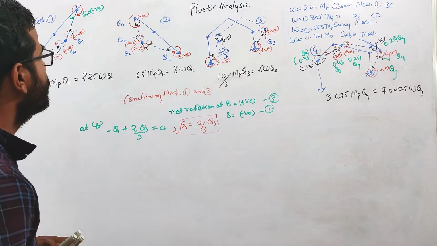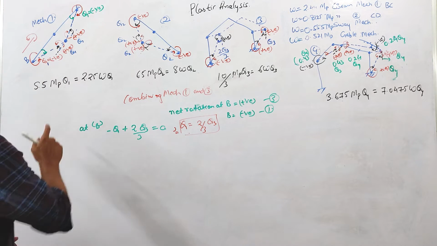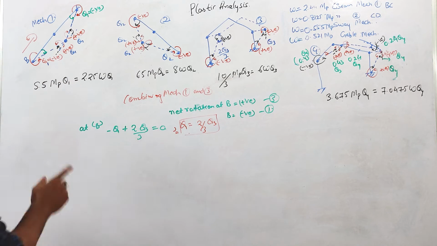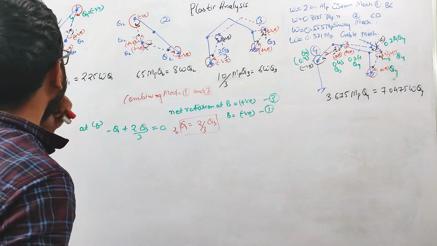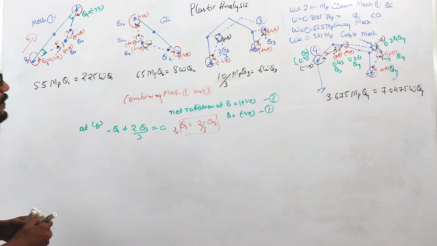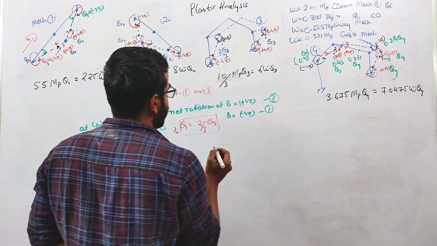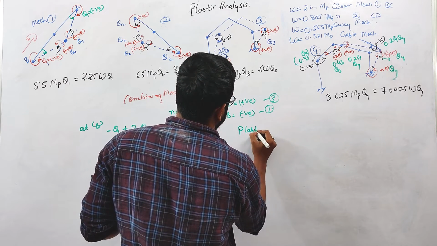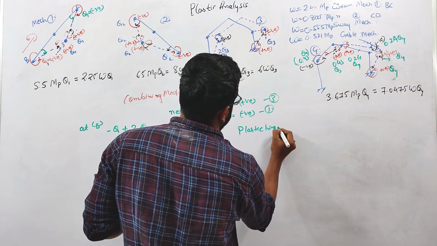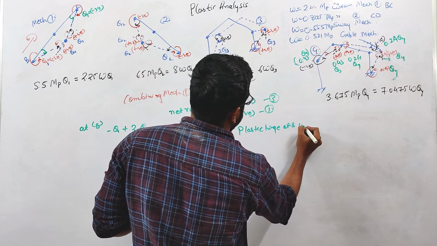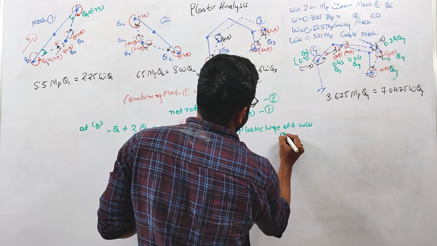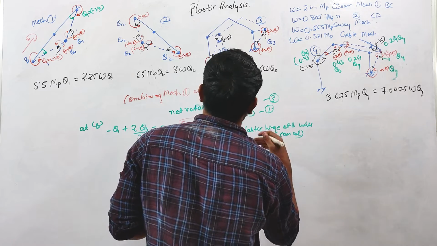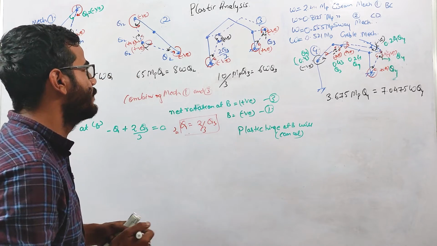So if you combine the mechanisms satisfying this condition, then there will be cancellation of hinges at this B point, right? So now let us combine these. Okay. If you combine mechanisms 1 and 3, the plastic hinge at B will cancel. Or you can say that there is no formation of plastic hinge at B, right?